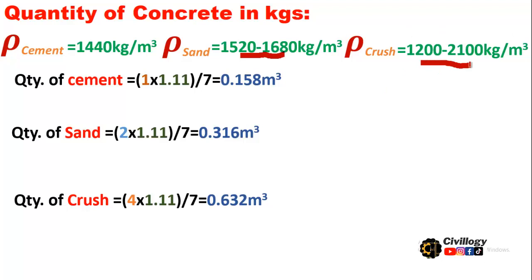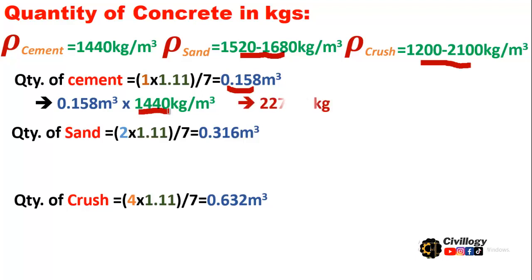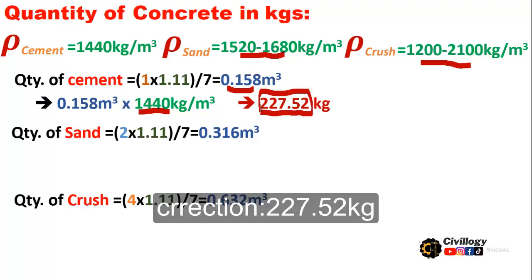Now here you have two options. If you multiply this volume with the density of cement, you will get the weight, or you can say the mass of cement in kgs, which is 272.52 kgs.